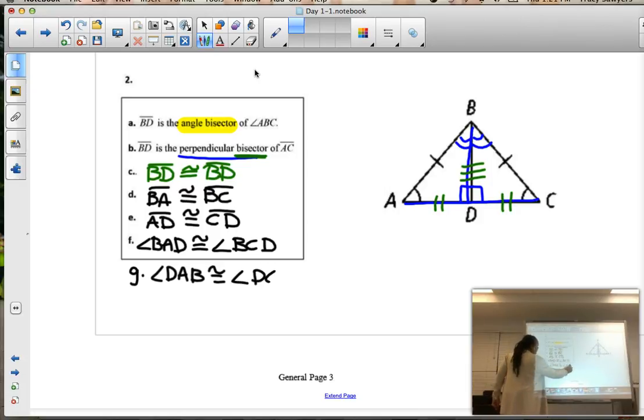Thank you. You with me? Will you give me that last angle? I kind of messed it up in my drawing.